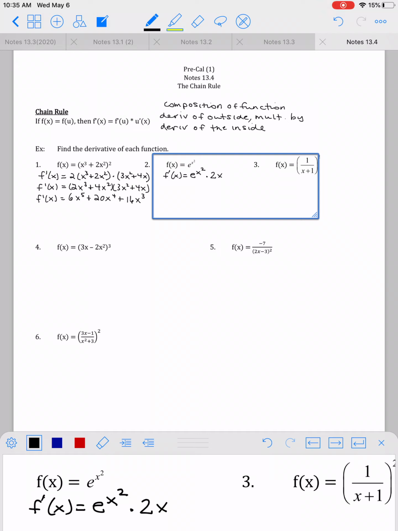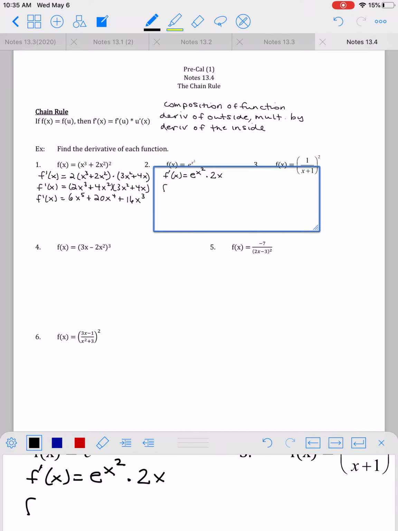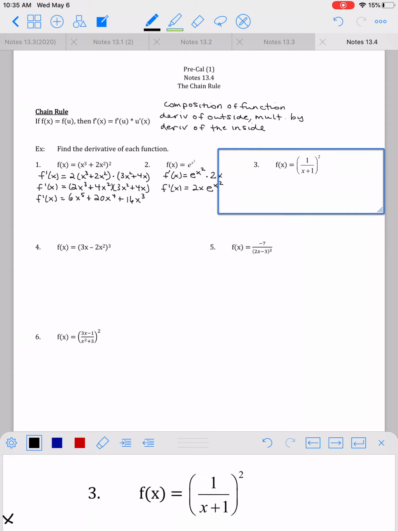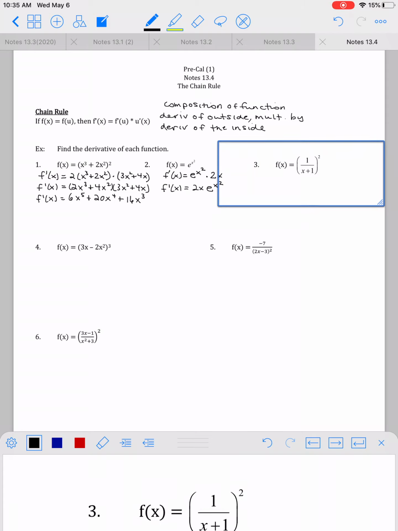And then really, all we can do there is rewrite. So f prime of x is 2x e to the x squared. And that would be your derivative there.